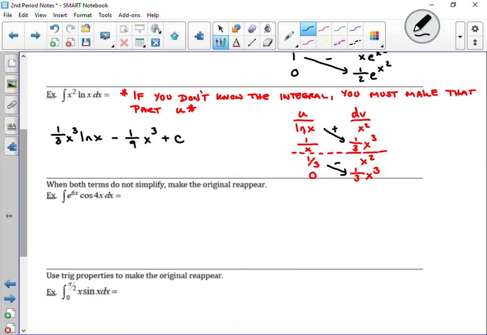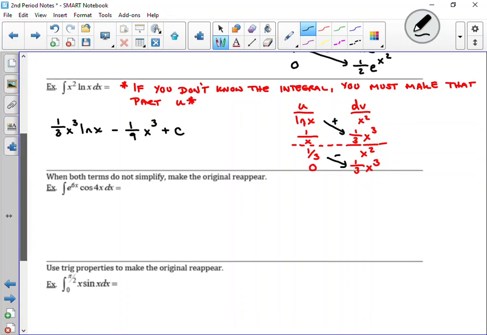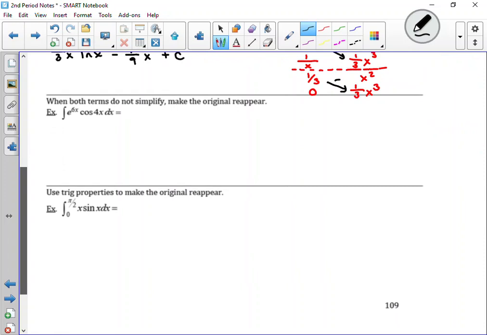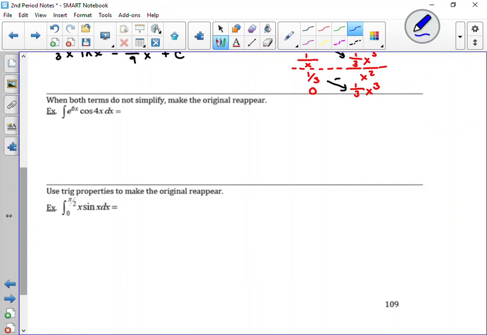And then there's only one more weirdo one. This is, Arian, this is the one that I was talking about, where you have two transcendental functions and neither of them reduce, right? So, when you have two transcendental functions and neither of them reduce, you still do u and dv.